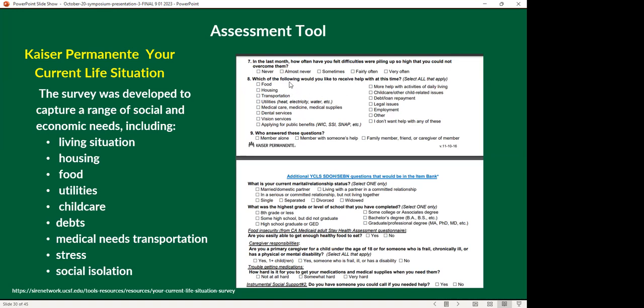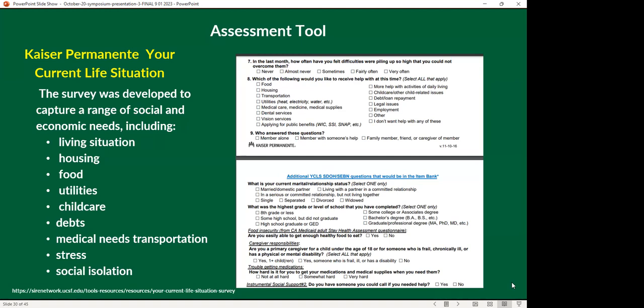So I'm not going to go through all of them: housing, transportation, and social distress, etc. So these are many different questions that you can access through this particular tool.